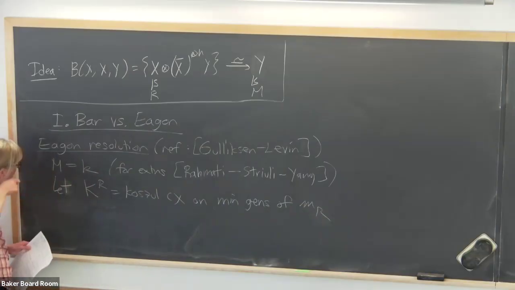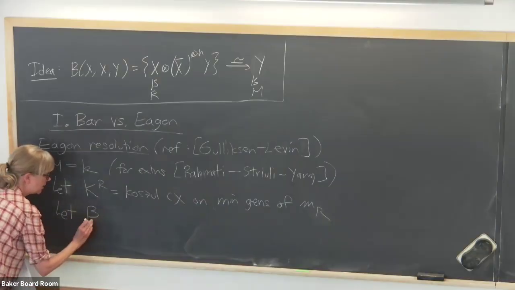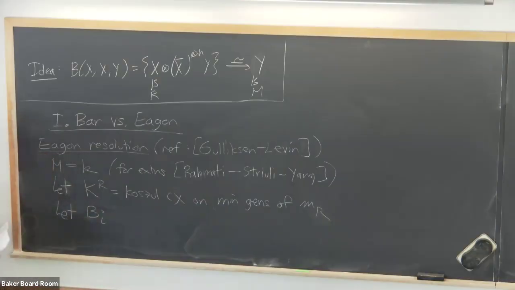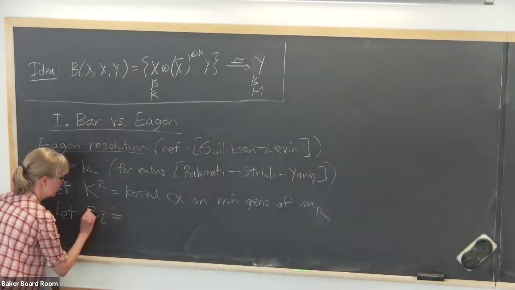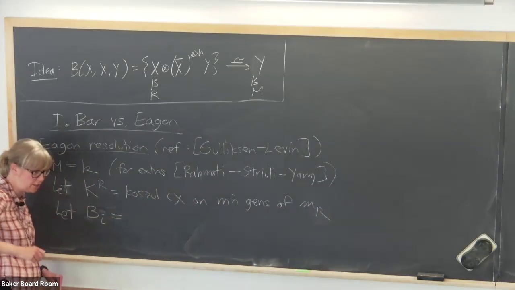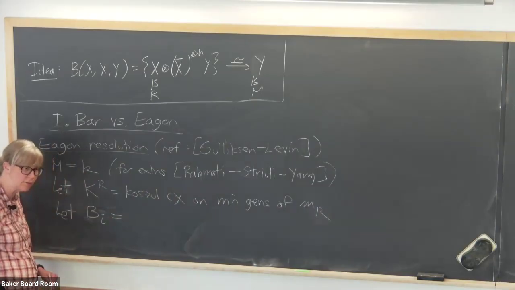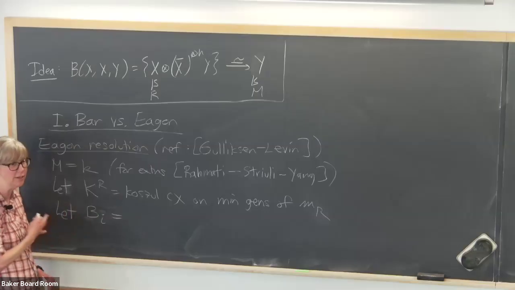And then you look at Koszul homology, and you take a set B_i. Apparently this, plus some Massey operations, is enough to really understand the Koszul homology and to write down another resolution.